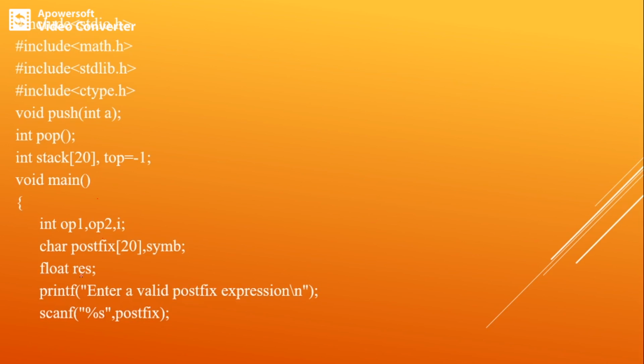After that, the result will be stored in the result variable. And I will ask the user to enter a valid postfix expression. That is facilitated by a scanf function, which will read a string.